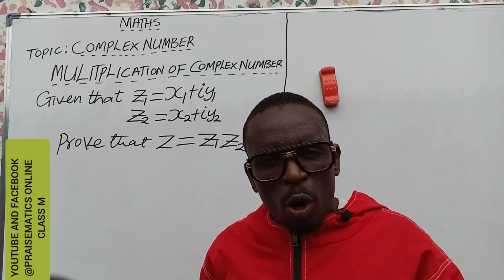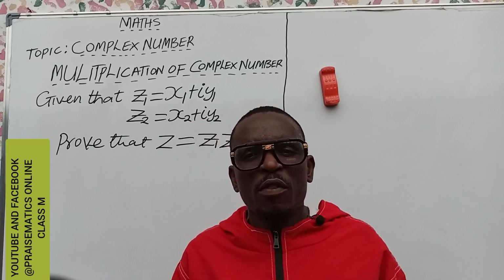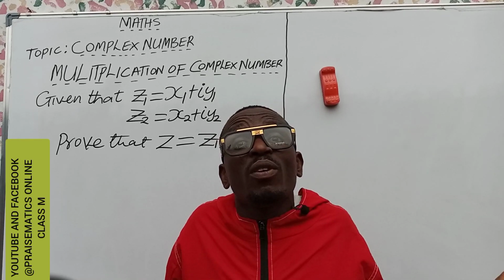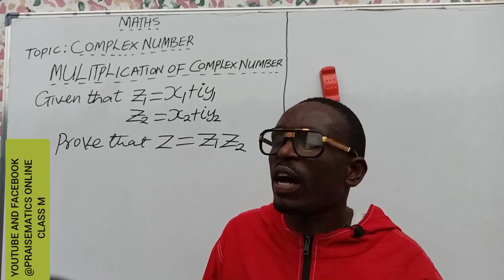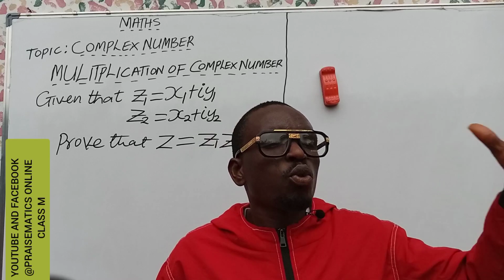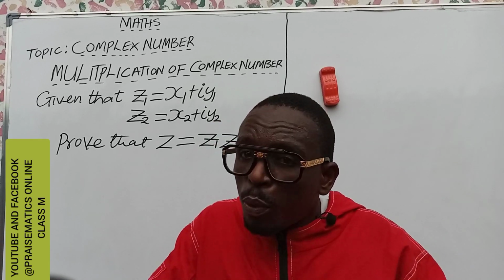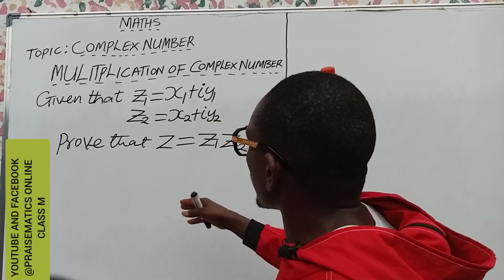When you bring a complex number and another complex number, if you multiply them, if you take their product, it must produce a complex number. If you bring two or more complex numbers together and multiply them, you must produce a complex number. Today we are going to look at the proof.